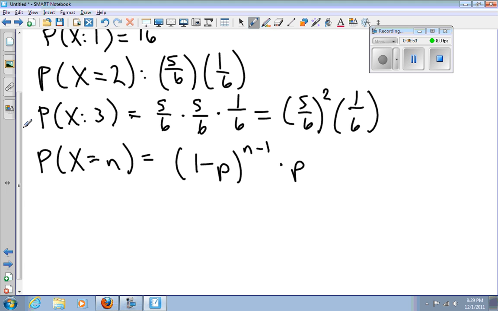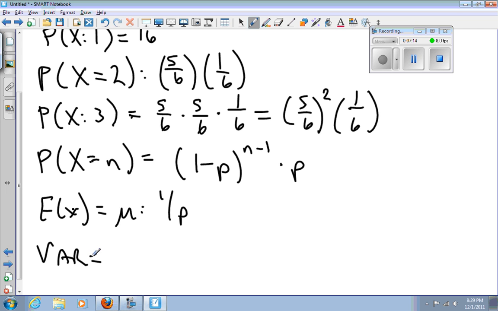And I'll show you, before I do another problem, the formulas for mean and standard deviation. The expected value for a geometric distribution, or the mean, is 1 over p. And the variance, that's sigma squared, is 1 minus p over p squared.